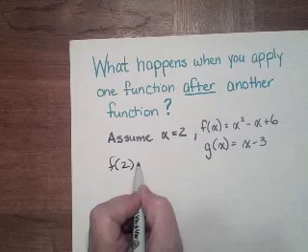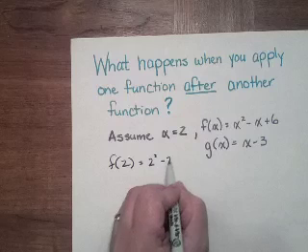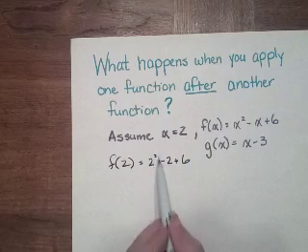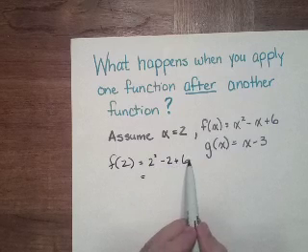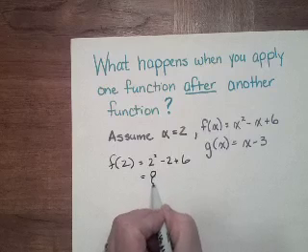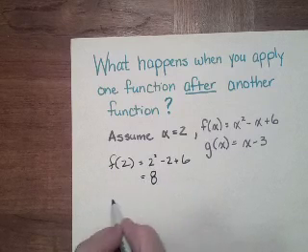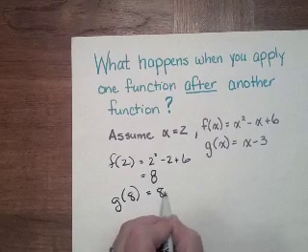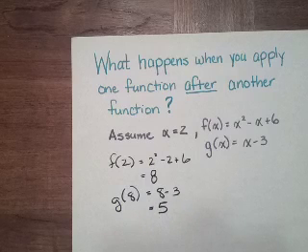Remember when we say f of 2, that means we're just putting in 2 for x. 2 squared minus 2 plus 6, that's our one from last time. 4 minus 2 is 2 plus 6 is 8, so f of 2 equals 8, and g now of 8 equals 8 minus 3, which is 5.